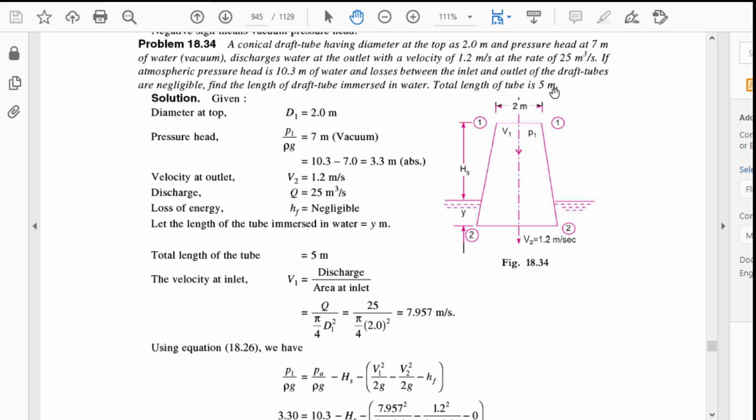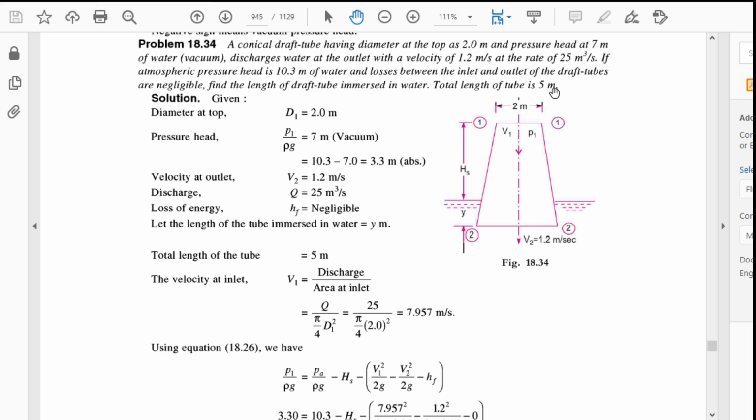Okay, 5 meters. In this numerical, they have given a conical draft tube. Diameter at the top, they have given as 2 meters.